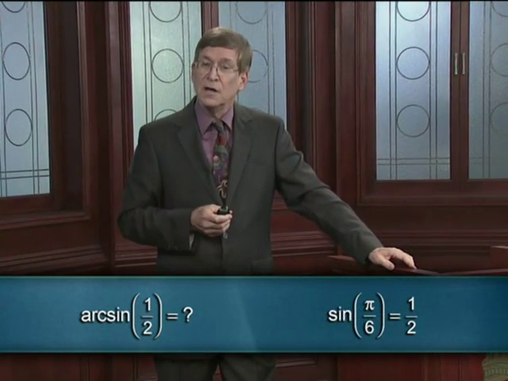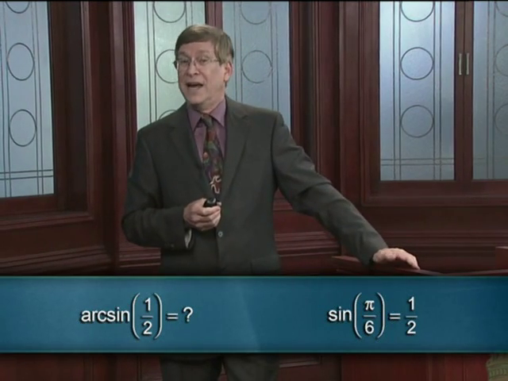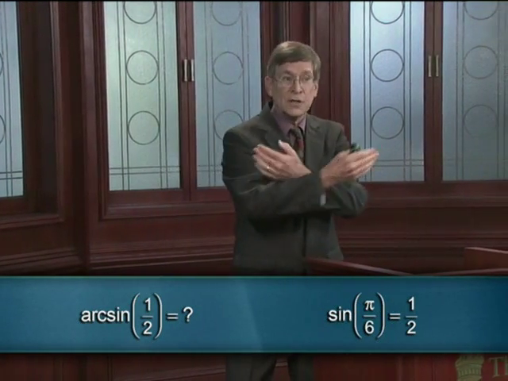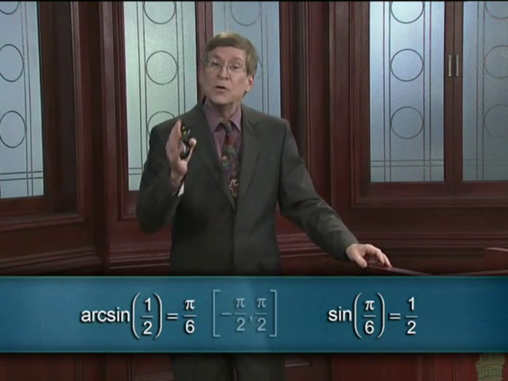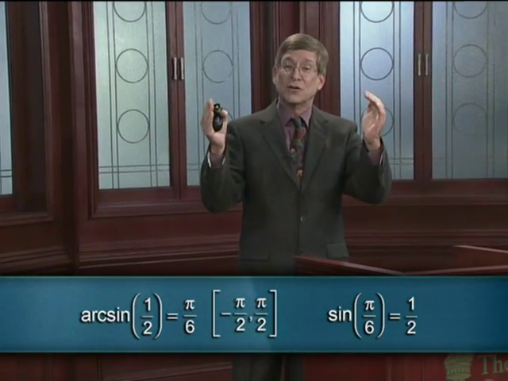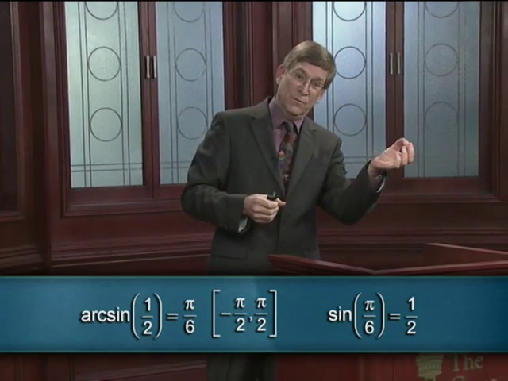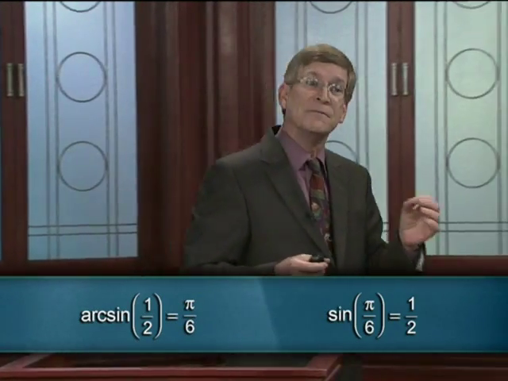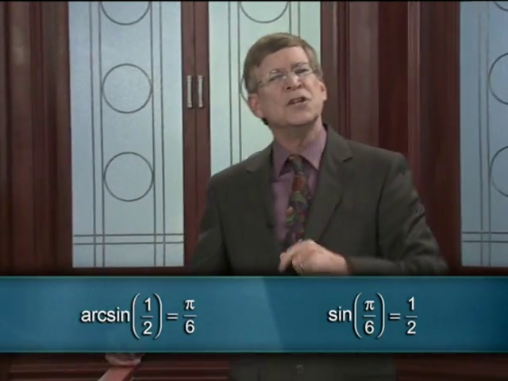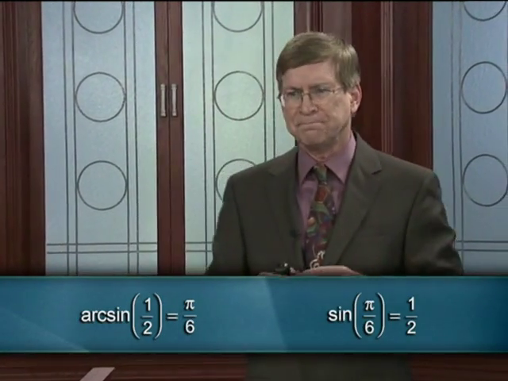Pi over 6. The sine of pi over 6 is a half, so the arcsine of a half is pi over 6. And notice that pi over 6 lies in the correct interval, minus pi over 2 to pi over 2. So we say arcsine of a half is pi over 6, and you can check that with a graphing calculator.